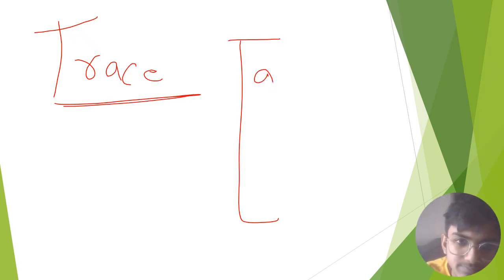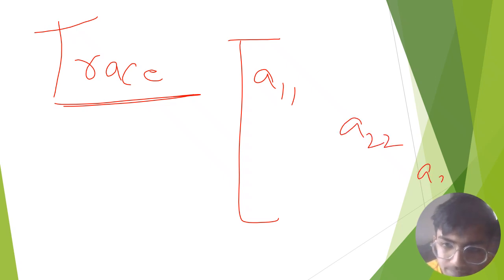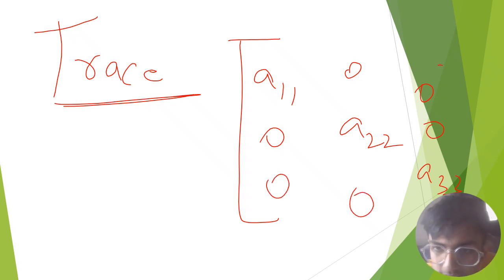So first of all, you have to consider a diagonal matrix like this. As we know, in a diagonal matrix the elements where the row number is not equal to the column number are equal to 0, and the rest, where i is equal to j, are the main elements of the diagonal matrix.